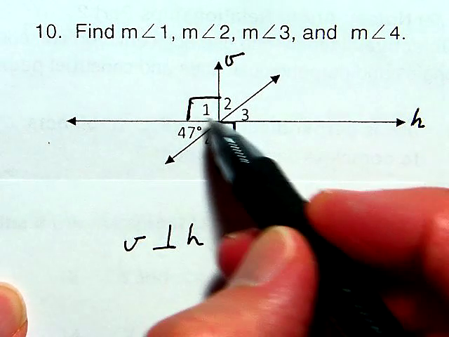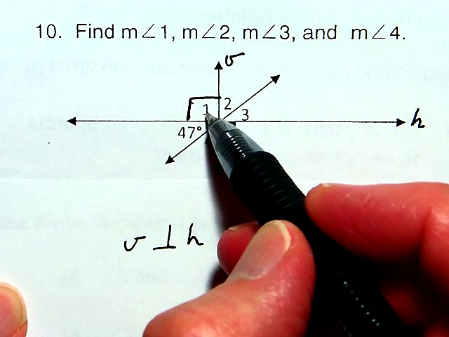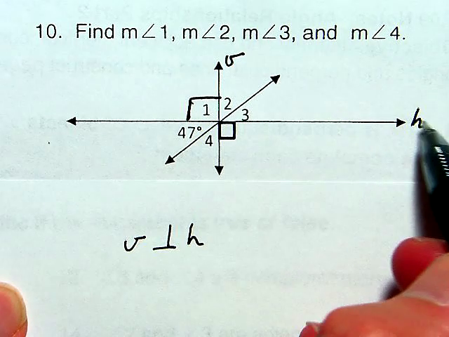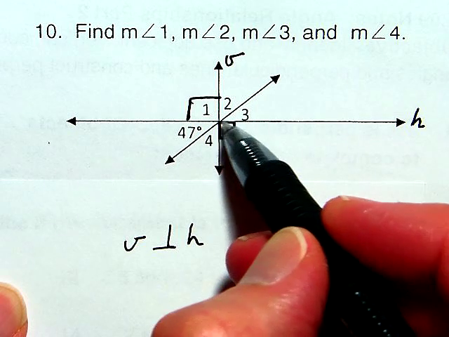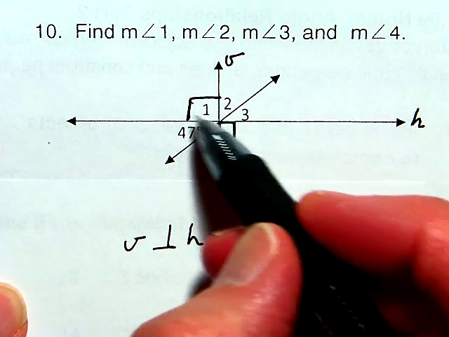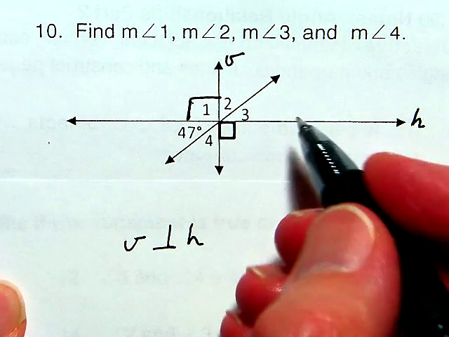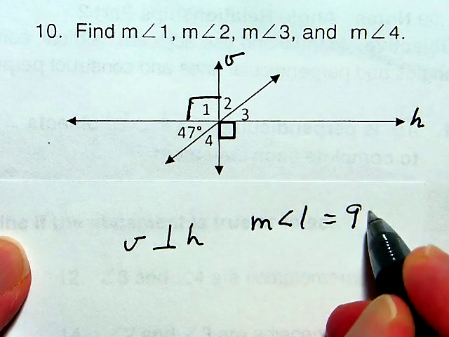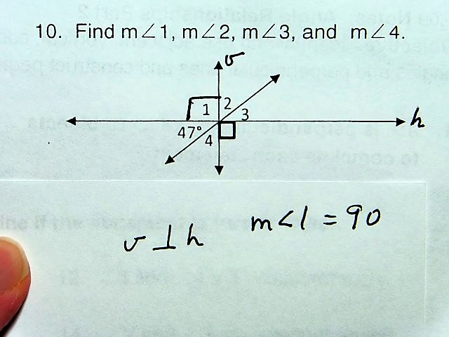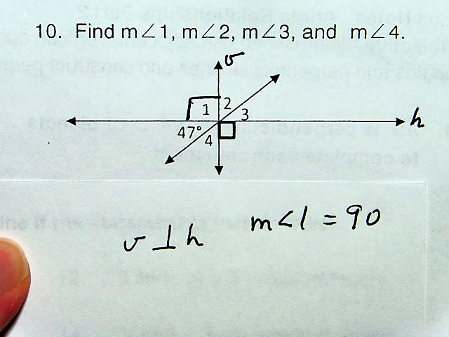So angle 1 here is formed by the intersection of V and H, just like this angle over here is the one that we're given as a right angle. So we know already that the measure of angle 1 equals 90. So we've already got the first angle that we're looking for.